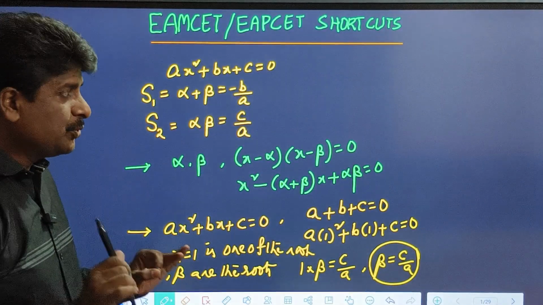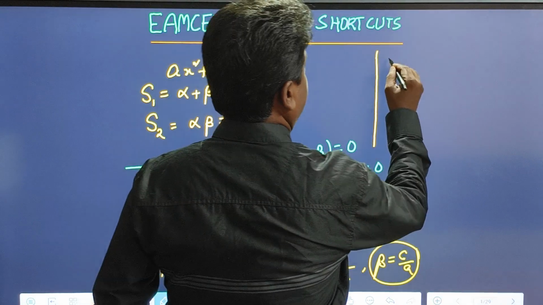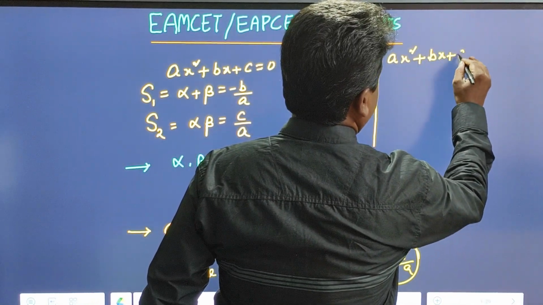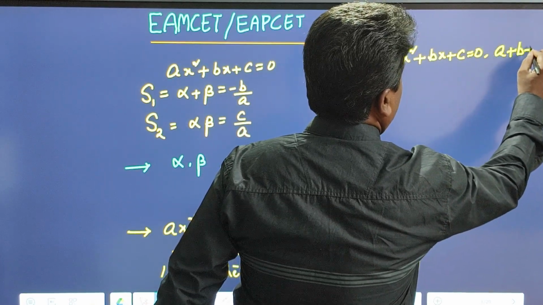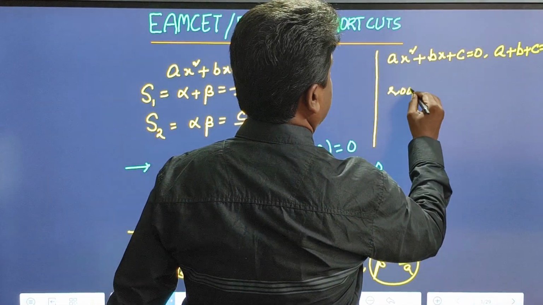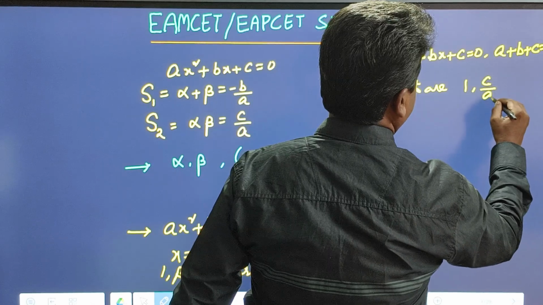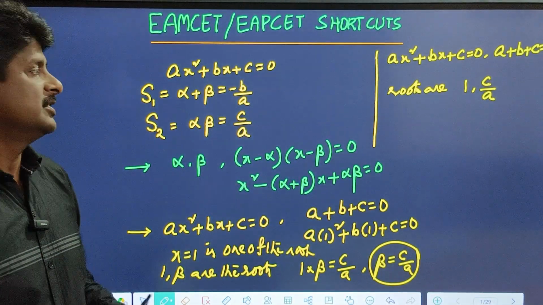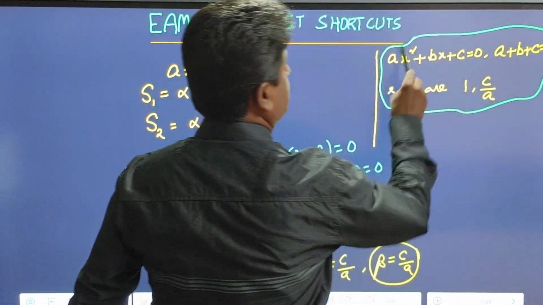Dear students, do observe that in a quadratic equation ax square plus bx plus c is equal to 0, coefficients are related with this condition. Roots are 1 comma c by a. Okay, so this is the condition we need to remember.